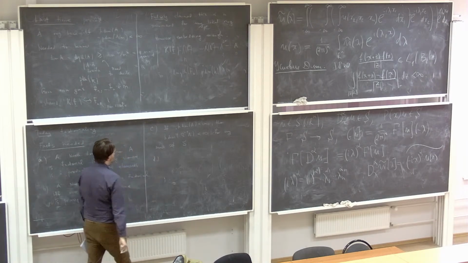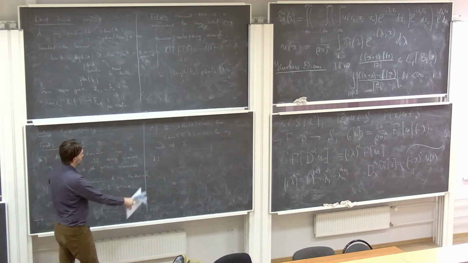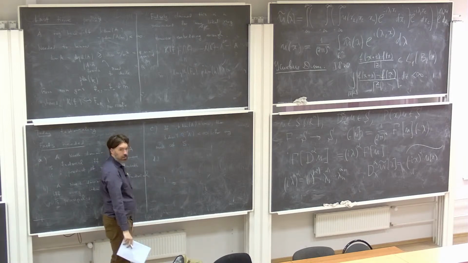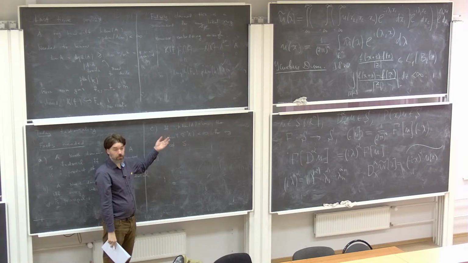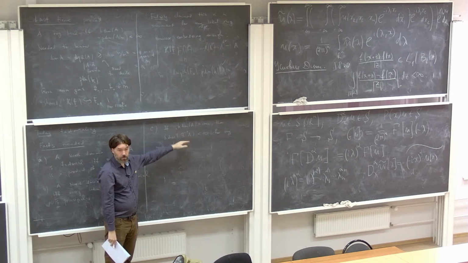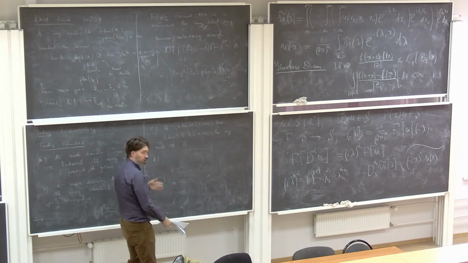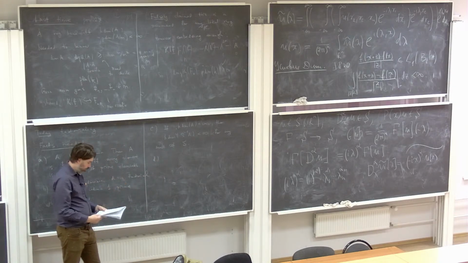The idea here is pretty simple. Take a module over the localization, restrict it to be a module over A. It has a finite length resolution there. Localize that resolution, it will give a finite resolution for this module. So you have to check that it works, but this is the idea.